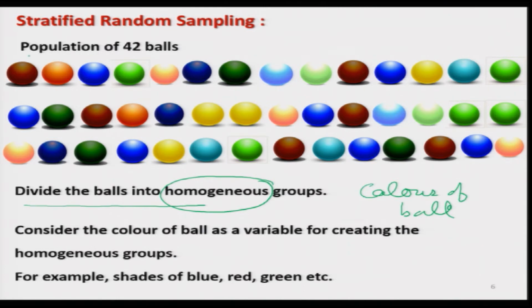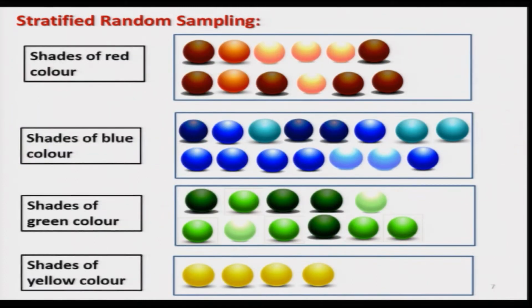For example, if you see this ball, this is red, and this is another red. Well, they are light red, dark red or darker red, but they are different shades of the color red. Similarly, if you look at green, this is one green color, this is another green color, and this is also another green color. So there are 3 shades of green, and similarly there are other colors. So I club them together, meaning the balls of similar color are grouped together.